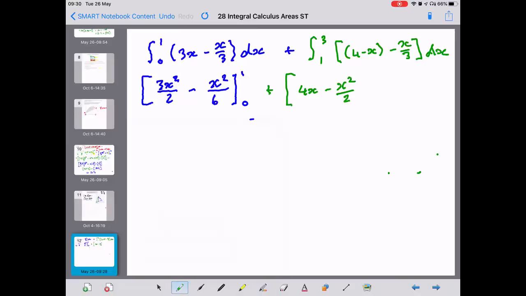And integrate minus x over 3, we get minus x squared over 6. Close brackets, and that's between 1 and 3. Okay?